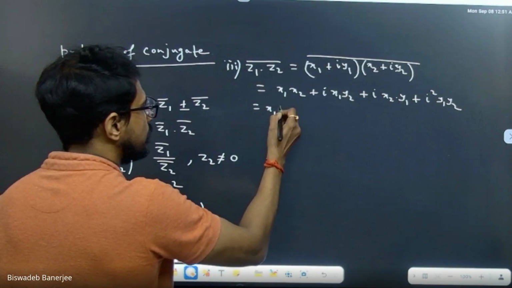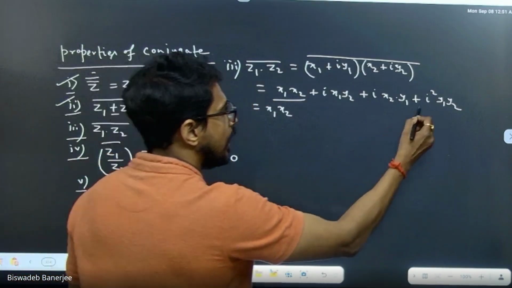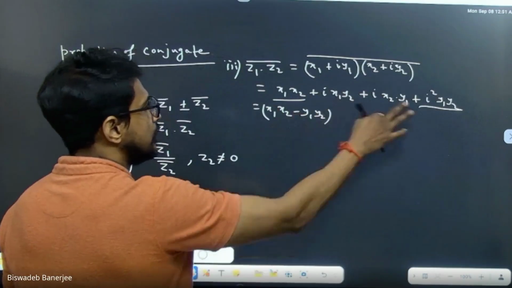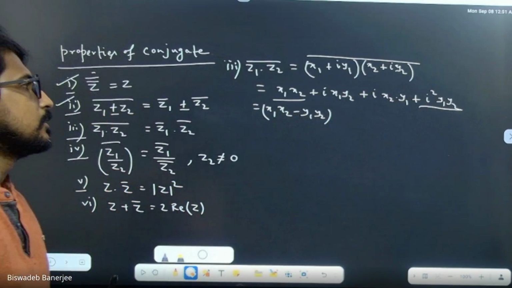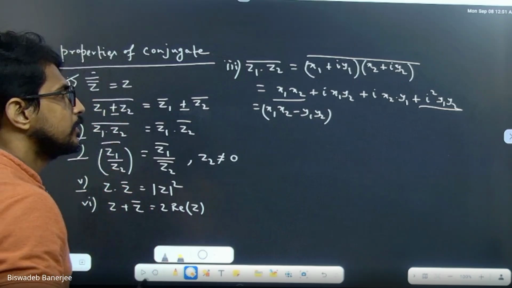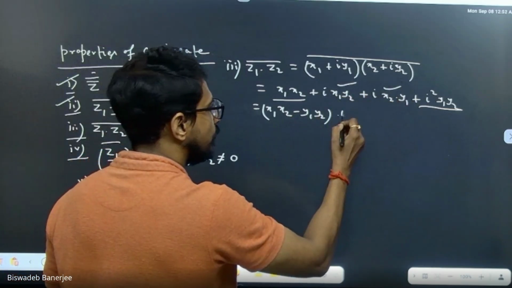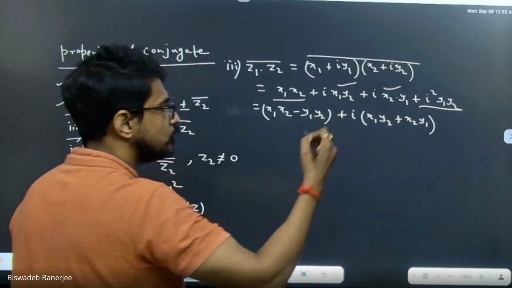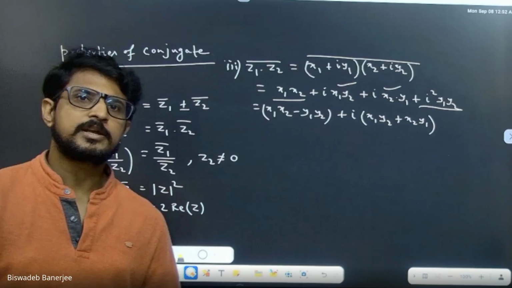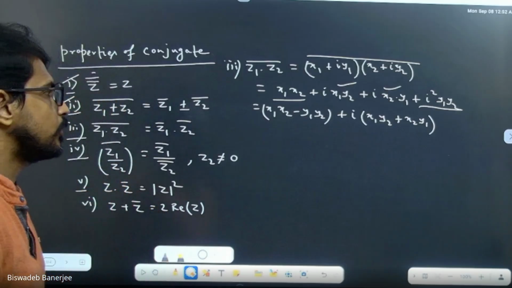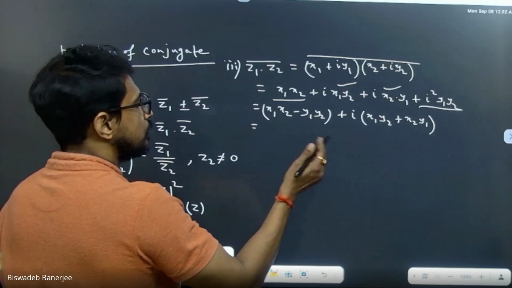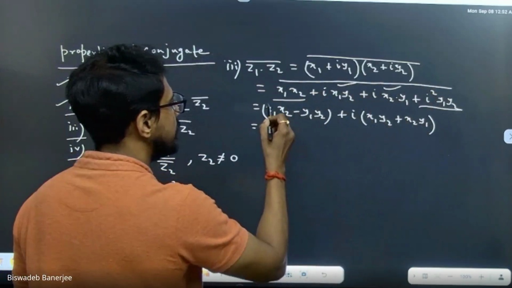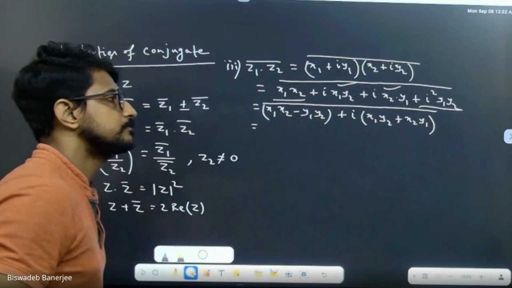This is equal to x1·x2 remaining as it is, and i square means minus 1, so this will be minus y1·y2. And from these two, if we take i common, this will be x1·y2 plus x2·y1. And that will be whole conjugate.